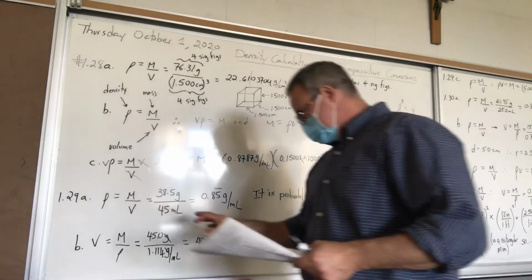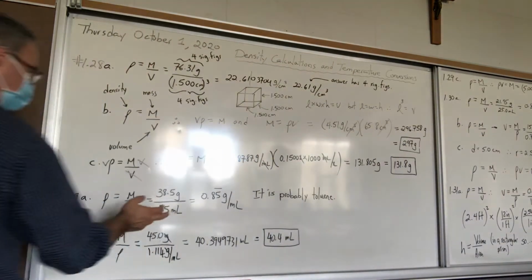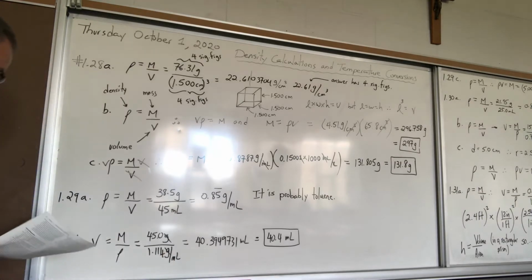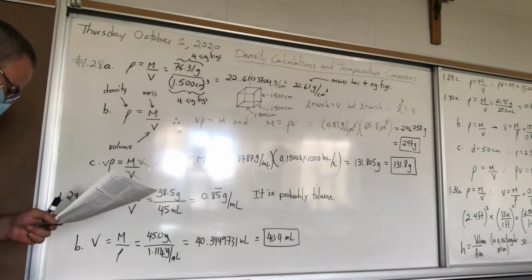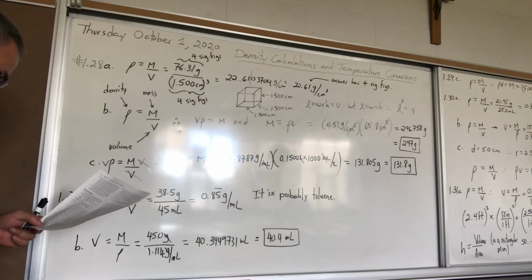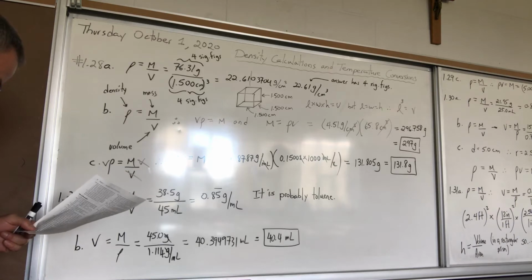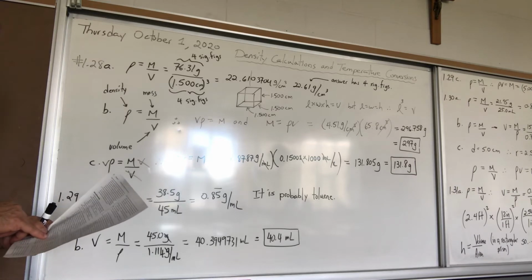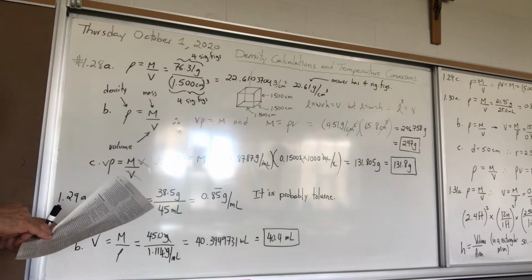So anyway, 129A, I set up density equals mass over volume. It's very straightforward. Here's the mass, here's the volume. You get 0.85 grams per milliliter, and they give you two densities. One was isopropyl alcohol at 0.785, and the other one was toluene with a density of 0.866.